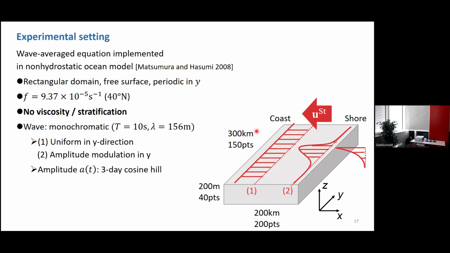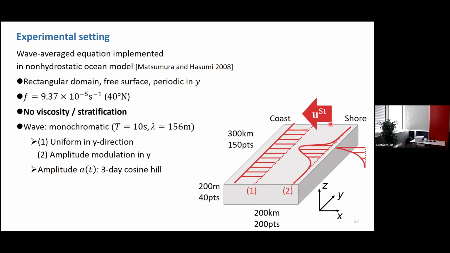Let's think of a rectangular domain. The x boundaries are vertical walls, and I assume that this side is a coast and this side is a shore. In the y direction it is periodic, and the upper boundary is a free surface. I do the simulation on an f-plane, with no viscosity or stratification for simplicity.